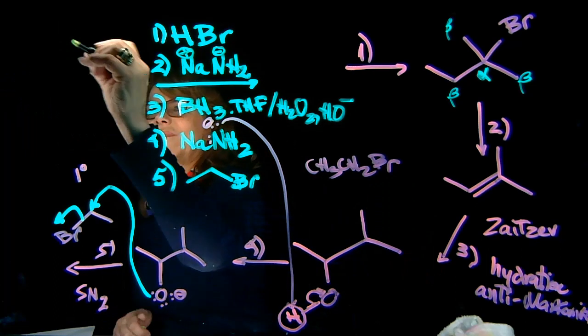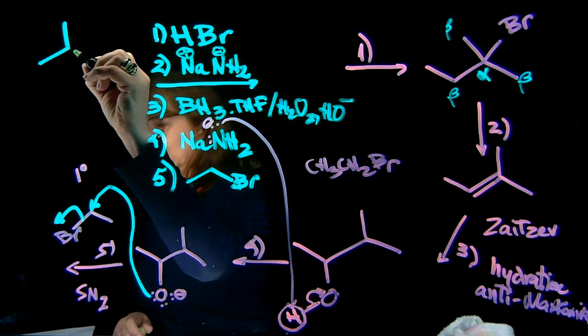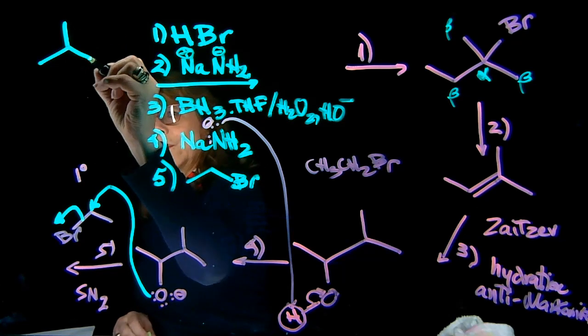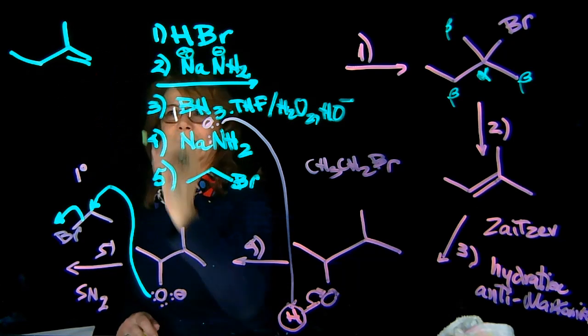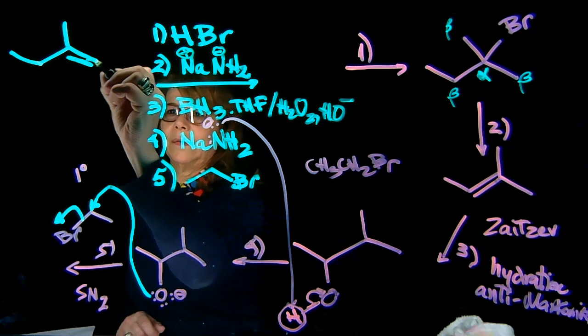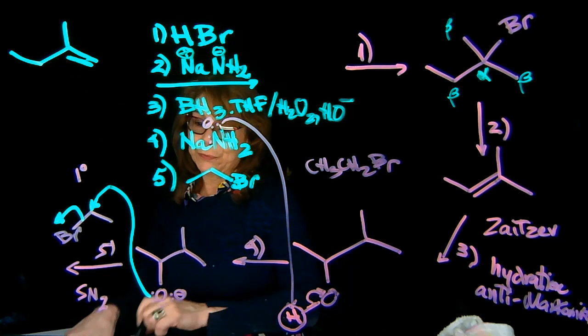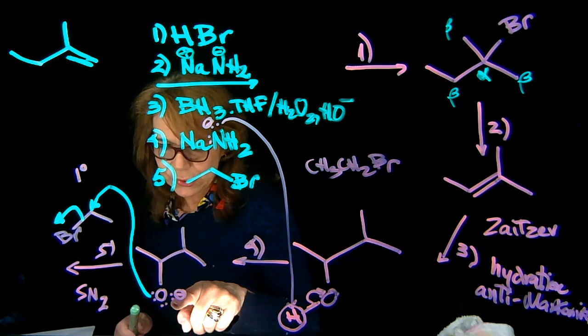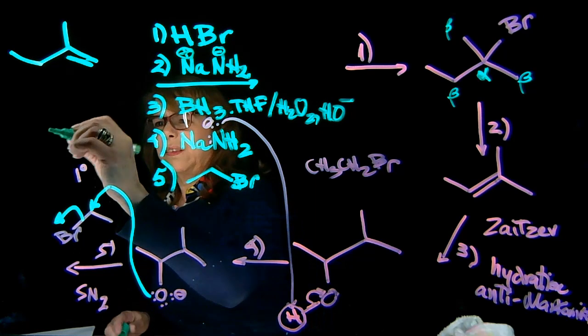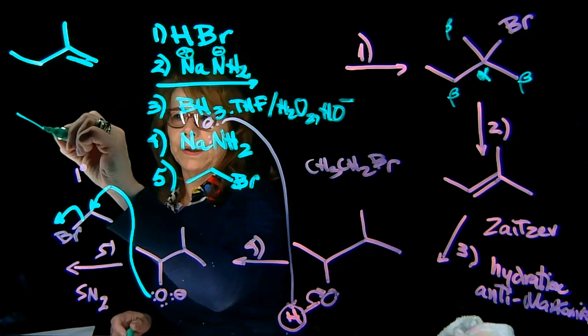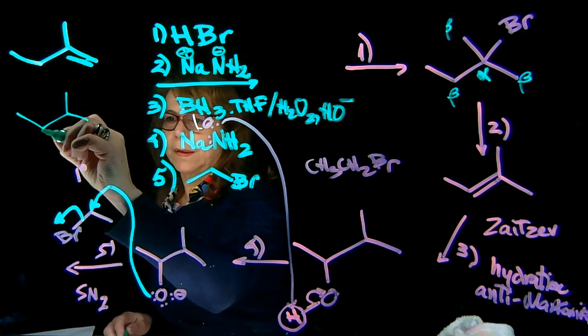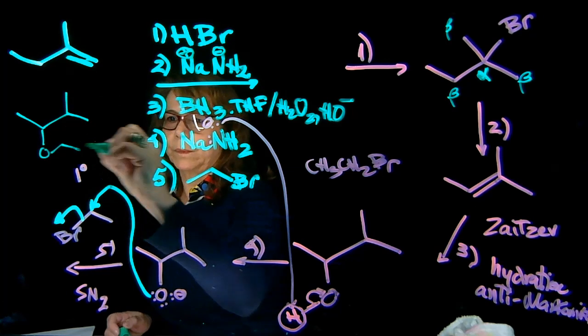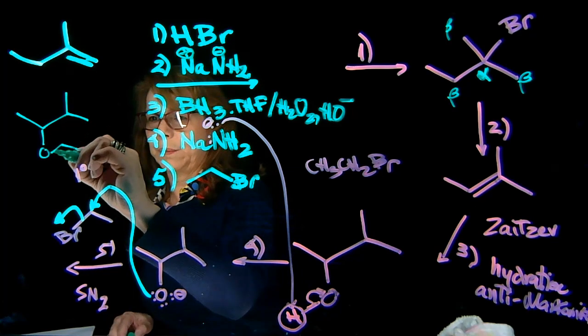I started with that alkene, my initial molecule. So after step 5, you're going to attach an ethyl group here. So your final molecule will be that, with an ethyl group here.